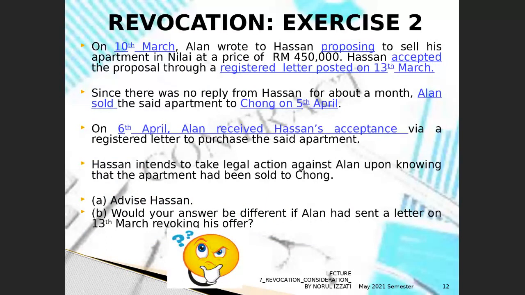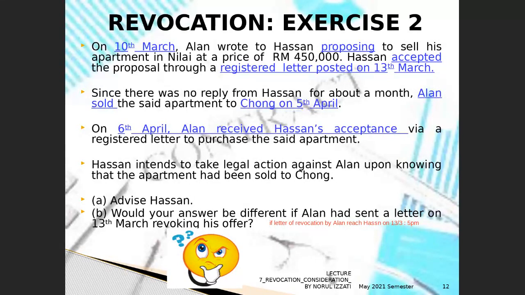If the letter of revocation by Alan reaches Hassan on 13th of March, maybe by 5 p.m. In this case, maybe Alan sent the letter very early in the morning, 8 a.m., and then at 5 p.m. it reached Hassan.